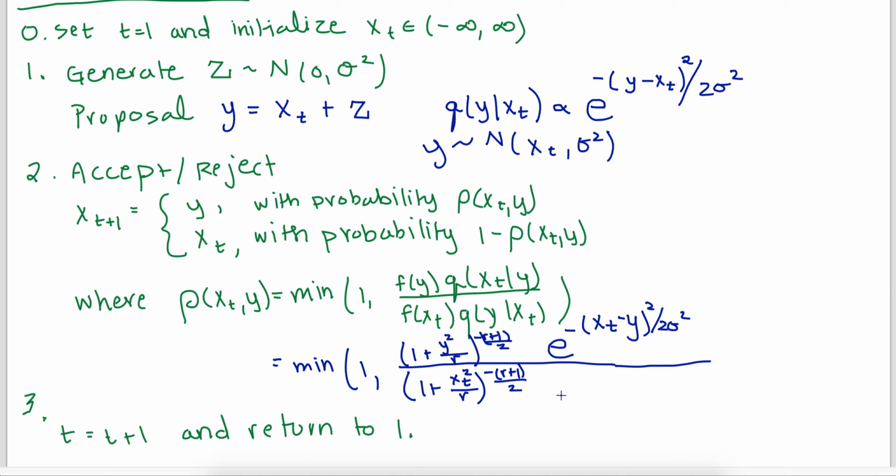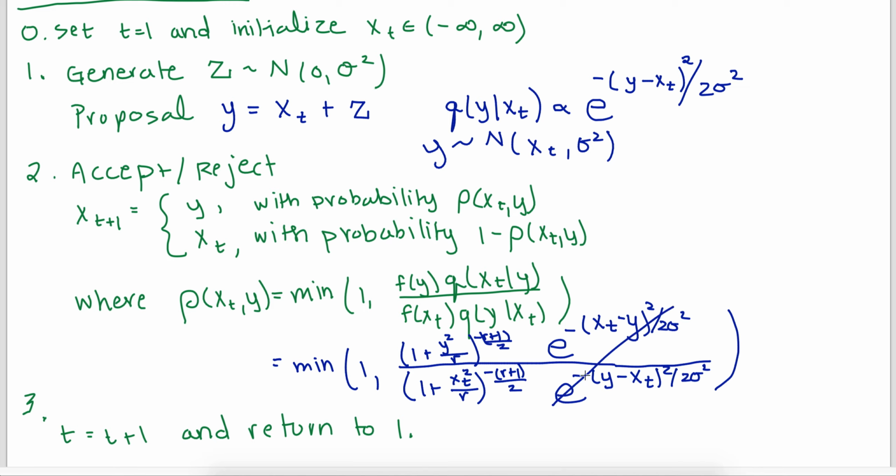And then our denominator, e to the negative y minus xt squared over 2 sigma squared. And if you're saying, Dr. Bell, you're writing the same thing down, because this is squared, these are the same thing, exactly. That's the point of this random error being symmetric here. This also happens to be an example of a symmetric proposal.